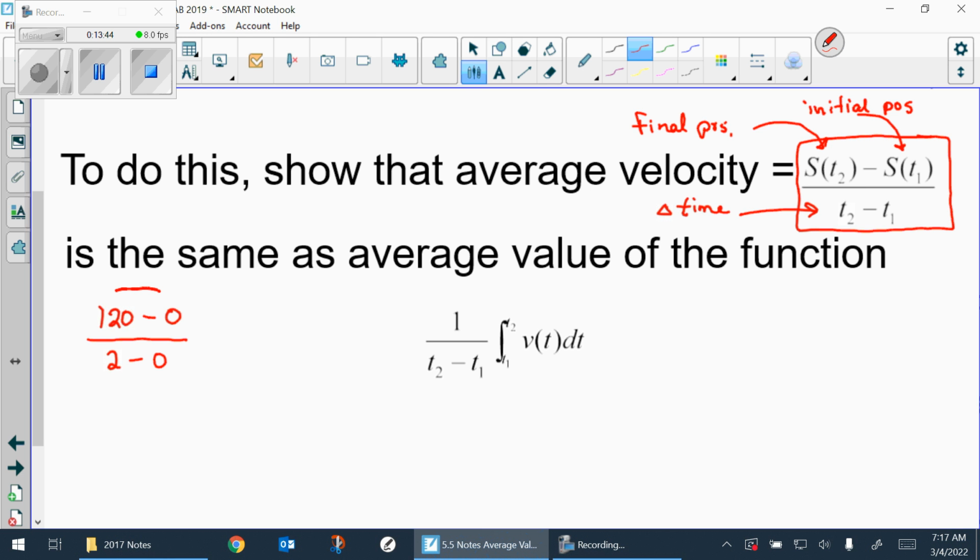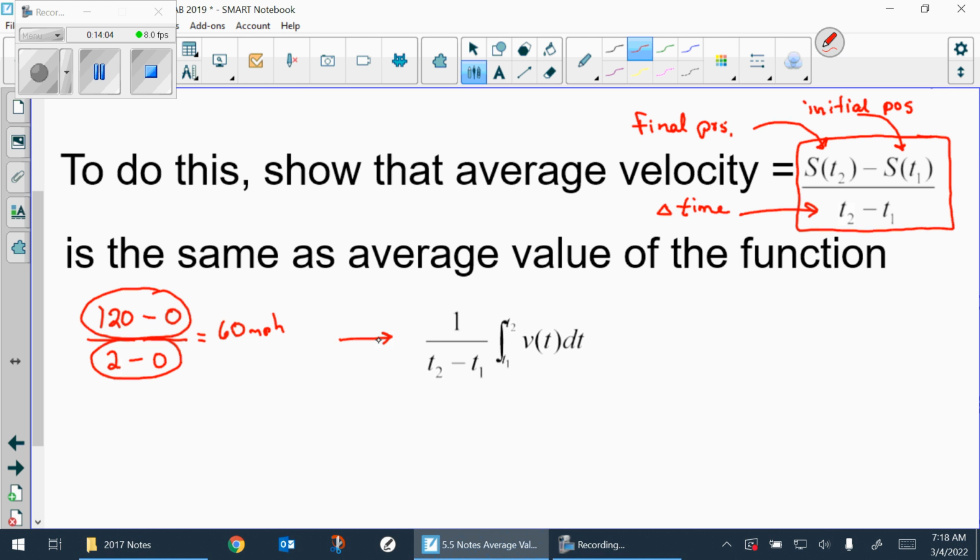So if I drive 120 miles in 2 hours, I think my average velocity is 60 miles per hour. Now, let's show that that's the same as this.